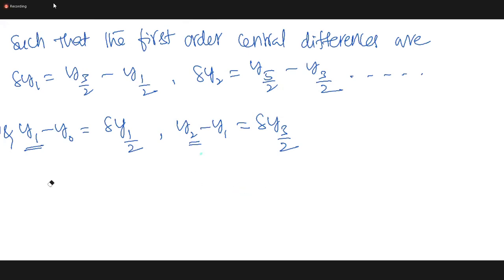The suffix is the average of the suffixes of the recurrence terms. Tell me, what is small delta y 5 by 2?